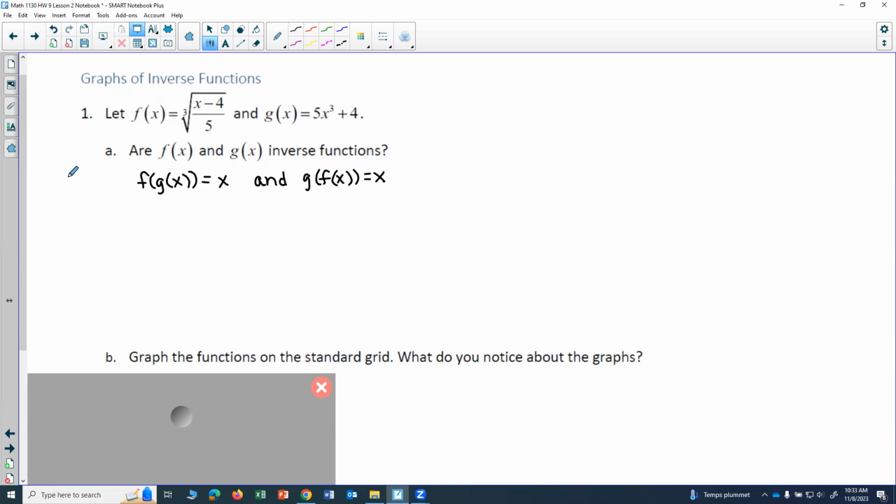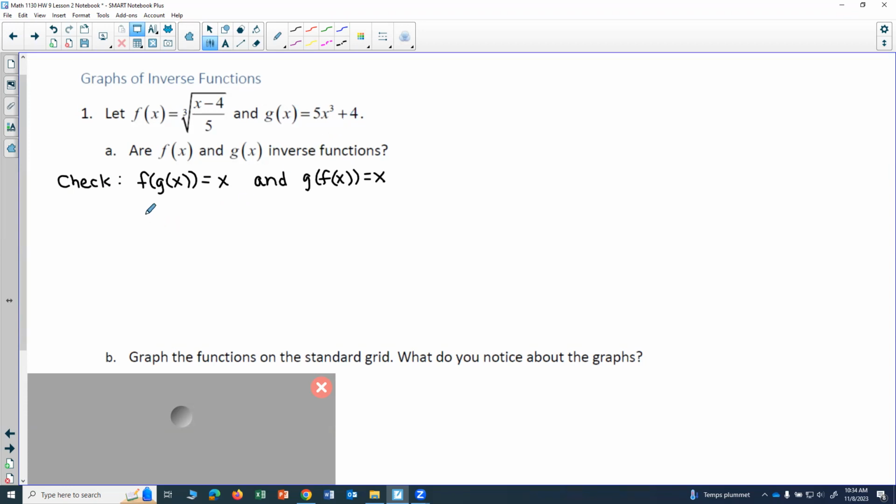So what we're trying to do is check whether or not this is true, given the two functions. We're given f of x equals the cube root of (x minus 4) over 5, and g of x equals 5x cubed plus 4.